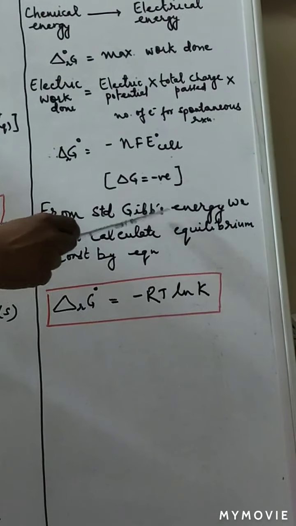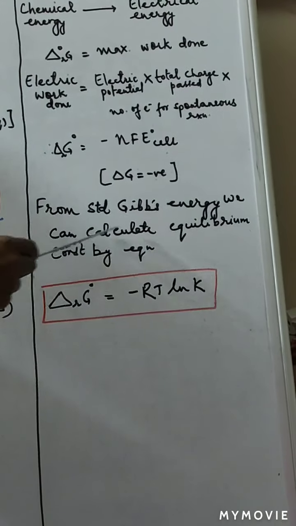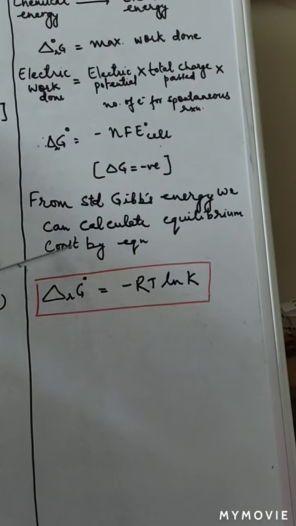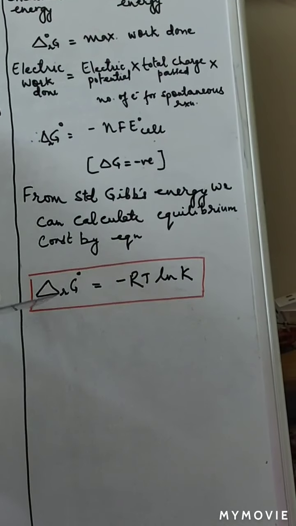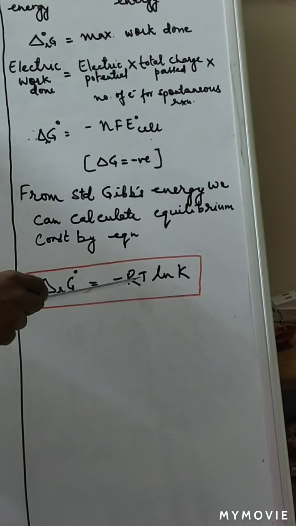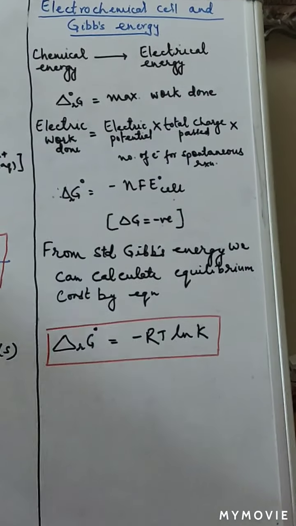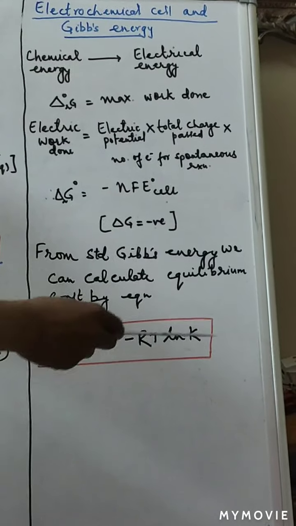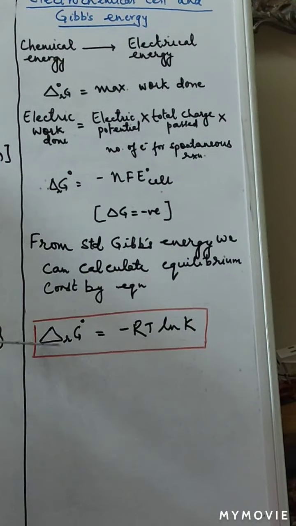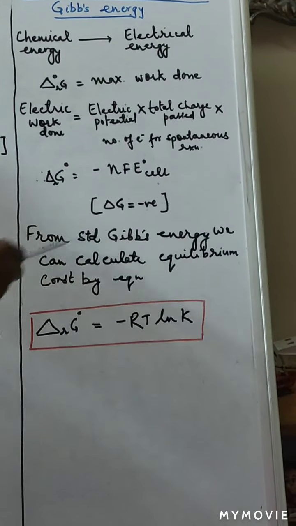Now from the standard Gibbs energy change, we can calculate the equilibrium constant by the relation delta G naught is equal to minus RT log of K. This equation helps us to predict the feasibility of any spontaneous reaction.